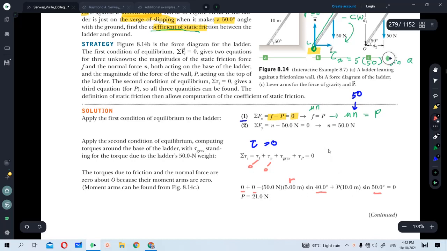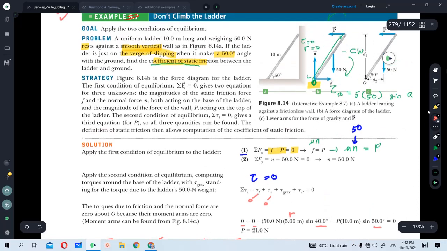Now let's look again at the concept of torque, where torque is R times F sine theta, and recall that the theta is between R and F. So let's troubleshoot in our figure for this 40 degree.